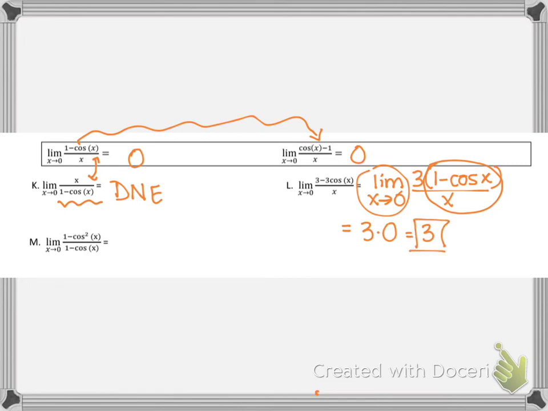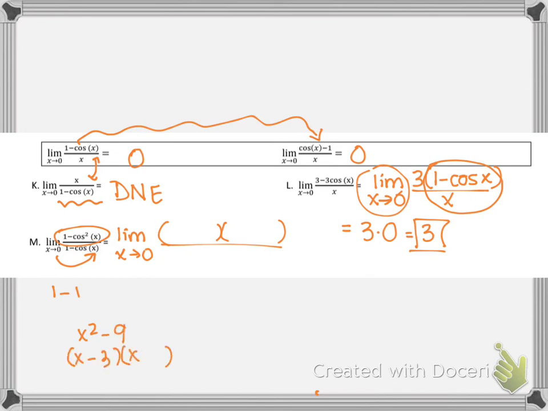Okay, bottom one. If we try to plug in a 0 here, I get 1 minus 1 in the denominator, and that's a problem. So let's see what algebra we can do. I want you to think about factoring this numerator as a difference of 2 squares. So kind of like how you would factor x squared minus 9 as x minus 3, x plus 3. How would you factor that numerator?